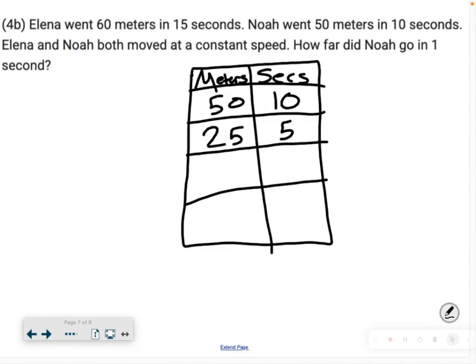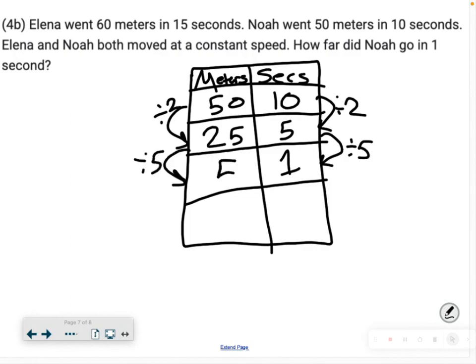Quick way down there is to cut them both in half by dividing them by 2. And then once you get them in half, it's a little easier to divide by 5 to get 1 second. 5 meters. So Noah went 5 meters in 1 second.